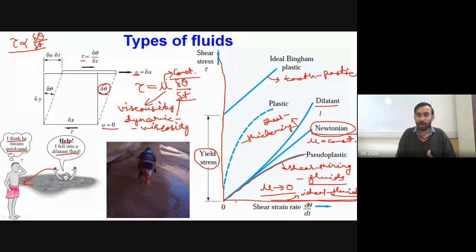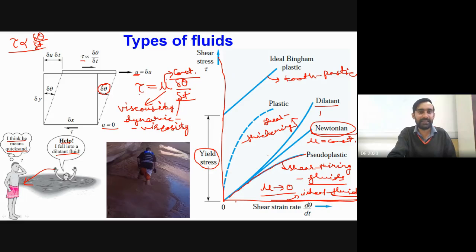Apart from that, if we talk about general examples of fluids we see in our everyday life, air, water, kerosene oil, petrol, diesel, all these are examples of Newtonian fluids. Then we have some other fluids, for example, blood flowing in our body, which is a typical non-Newtonian fluid.